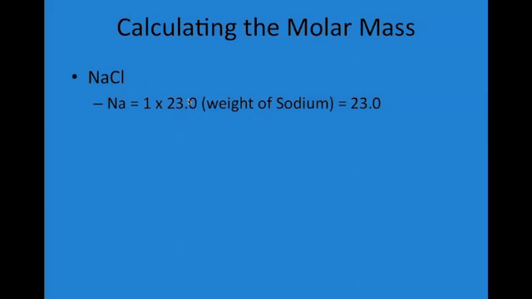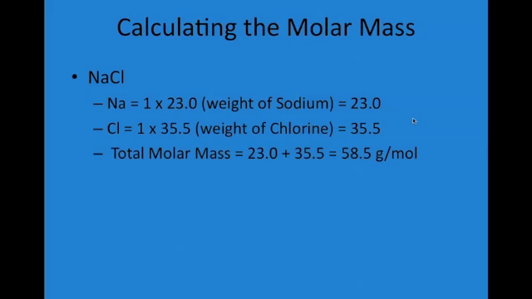Next I'm going to look at chlorine, which is Cl. Go to the periodic table, I see that it weighs 35.5, so I have 35.5. So my total molar mass is going to be adding my Na plus my Cl to give me a molar mass for NaCl of 58.5 grams per mole. So for every 1 mole of NaCl, it weighs 58.5 grams.